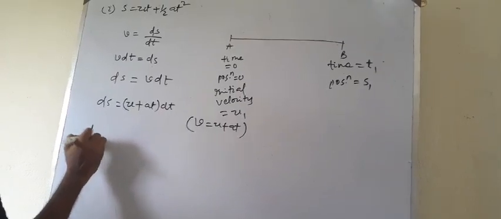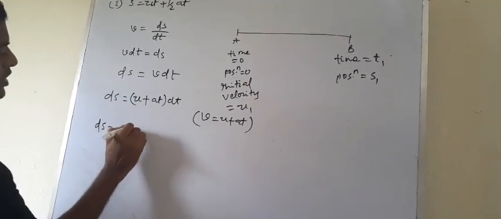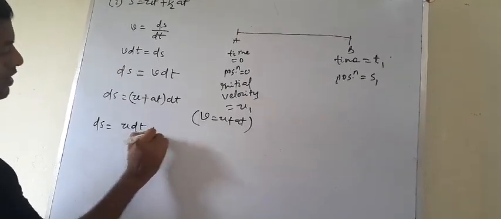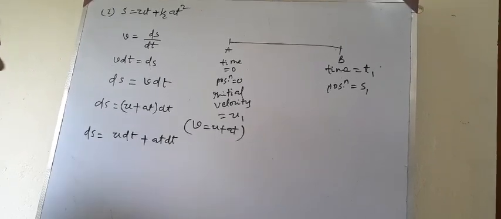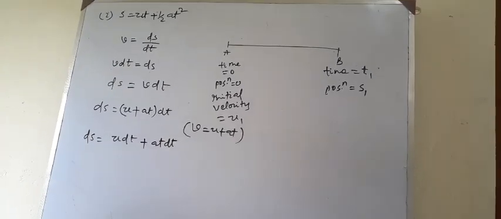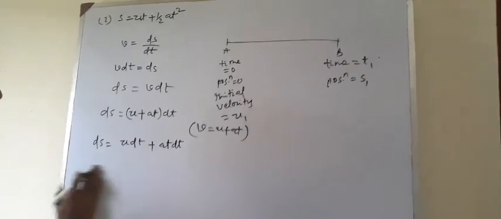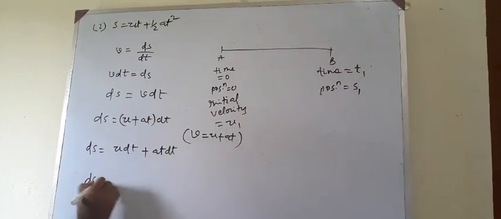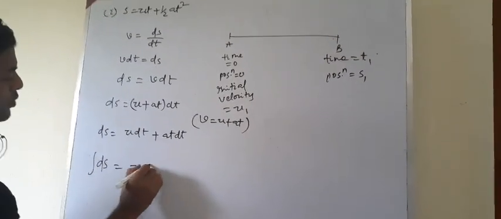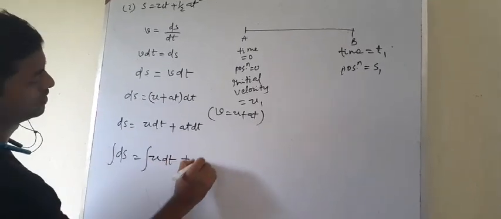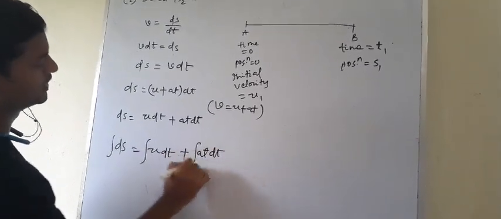So ds equal to u dt plus at dt. Now I will do integration: integral of ds, integral of u dt plus integral of at dt.